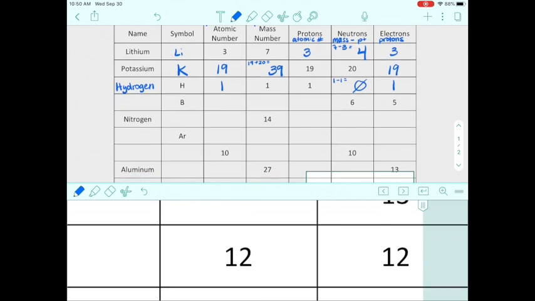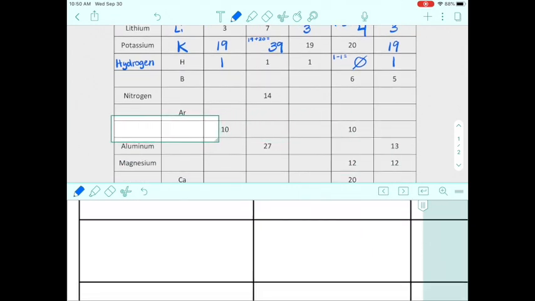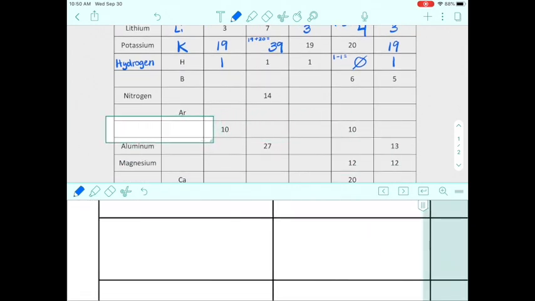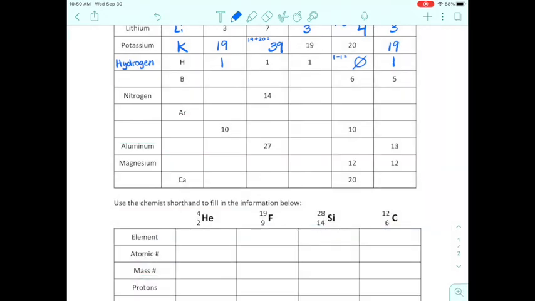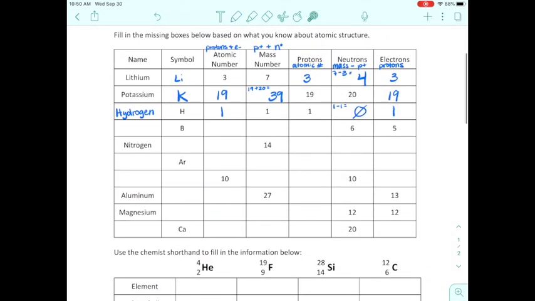Okay, I want to go down here and see. Let's do this one that doesn't have the name or the symbol filled in. So what we know is, we know that the atomic number is 10, and they also told us that the neutrons are 10. What we can do to figure out the name of the element is we need to go to the periodic table.